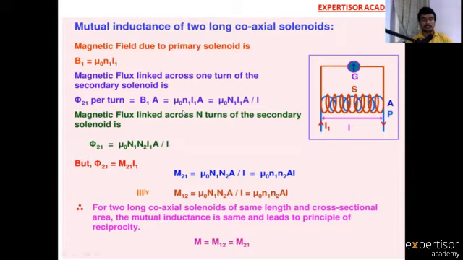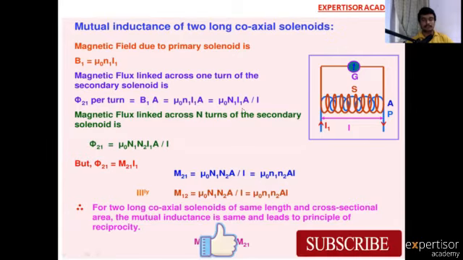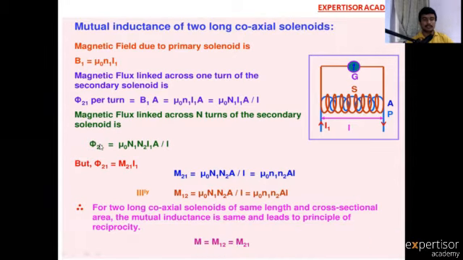So mu naught n1 I1 into A equals mu naught capital N1 I1 A divided by L, where small n1 equals capital N1 divided by L. Substituting that, we get the relation: the magnetic flux linked across N2 turns of the secondary solenoid is phi 21, equal to mu naught N1 N2 I1 A divided by L.